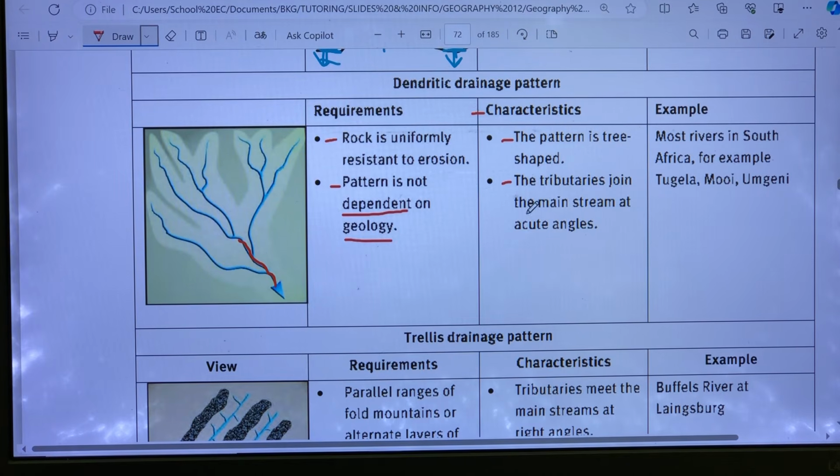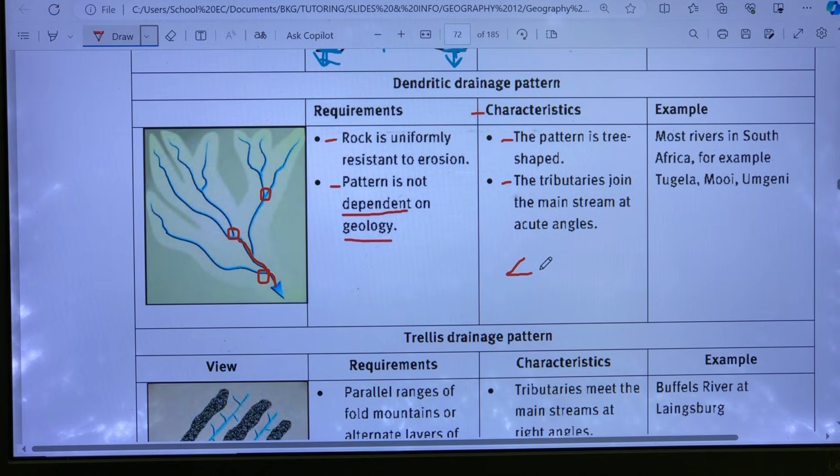The tributaries join the mainstream at an acute angle. An acute angle is an angle that is less than 90 degrees. So this means that the angles at which the tributaries join the mainstream are less than 90 degrees, which is an acute angle, as you can see, okay?